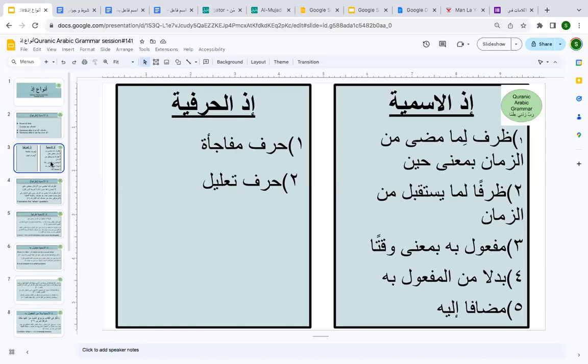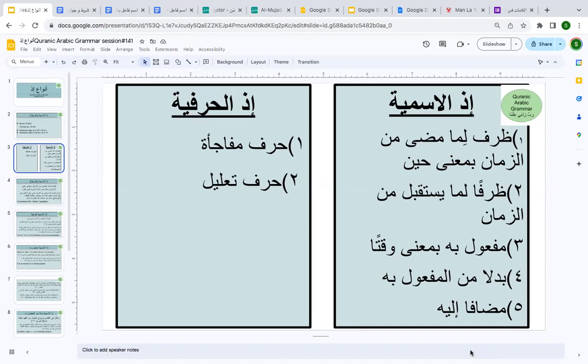In Quran, I'm finding it hard to find an example, but you know there are these two types. Idh can be ism, idh can be harf, it can be harf fujaiya, it can be harf ta'lil. You need to focus on the first column because you are going to see it lots of times.